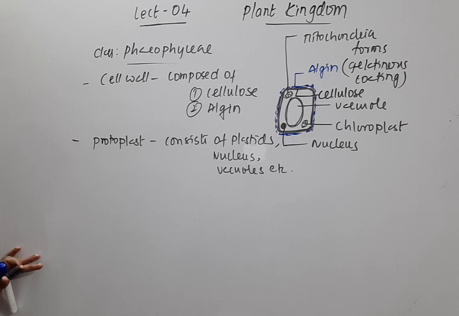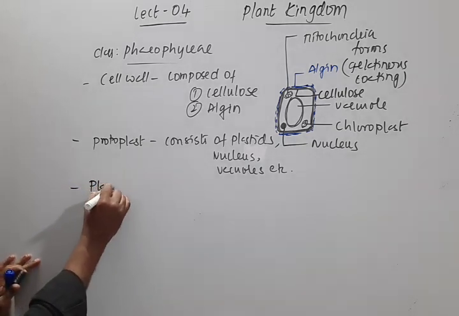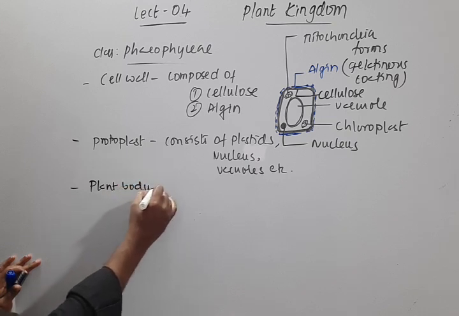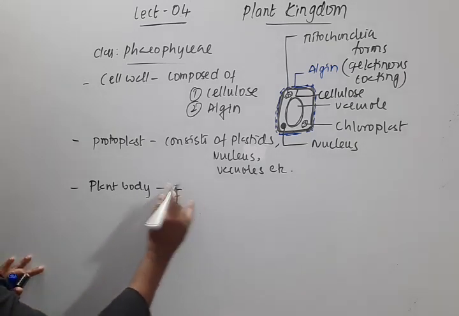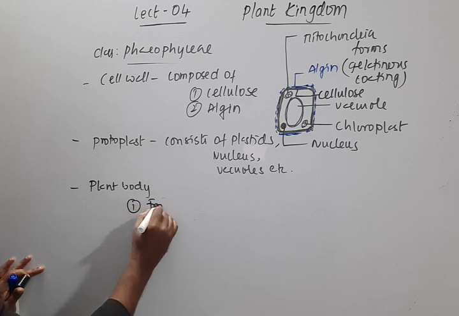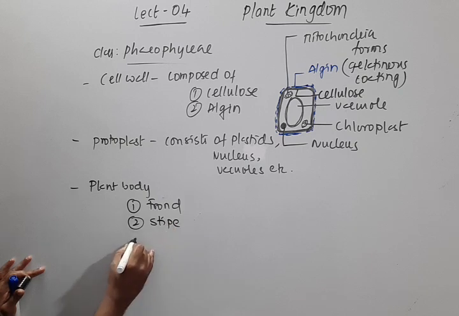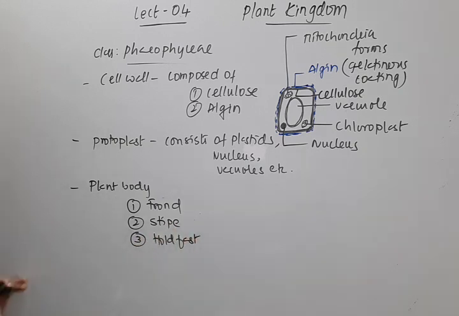Then, coming to the plant body, the plant body is divided into three parts: one, frond; the second one, stipe; and the third one, holdfast.